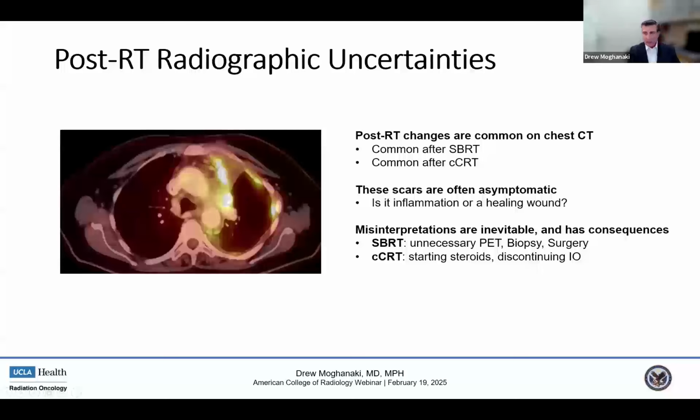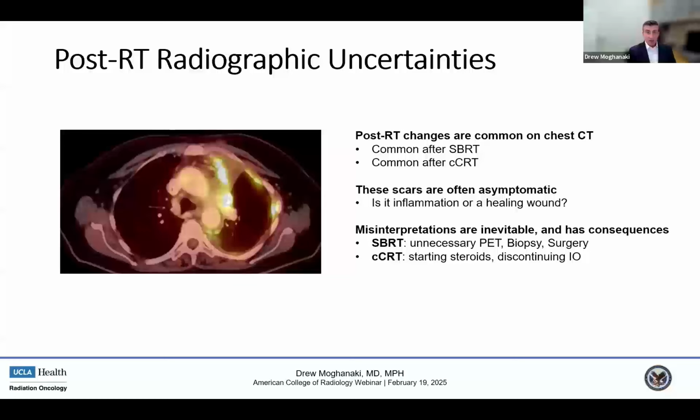I would assume that everyone on this call is aware of the radiographic uncertainties that emerge after thoracic radiation therapy. We see these commonly after SBRT and after chemoradiation, whether concurrent or sequential.